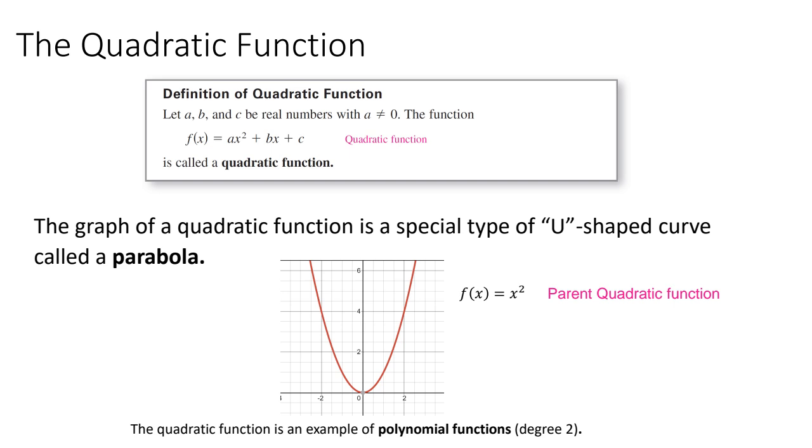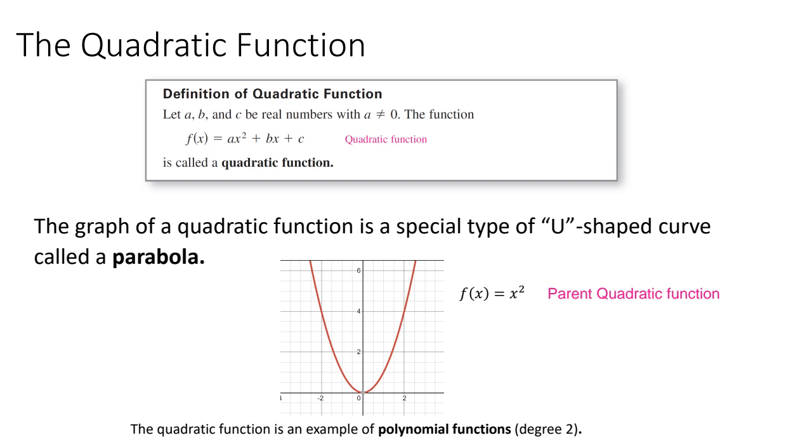So now we are going to be looking at chapter 2. For chapter 2, the first section is going to be focused on quadratic functions. And then the rest of the sections are going to be focused on equations that have a degree higher than 2.